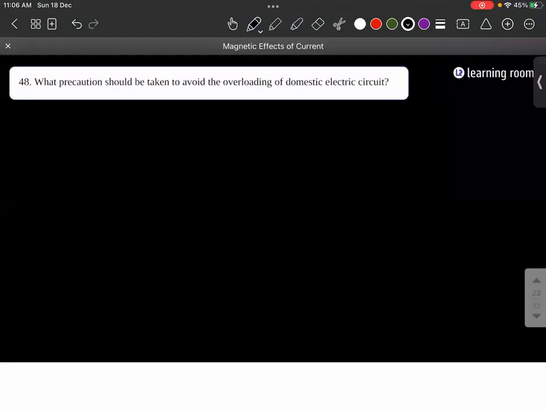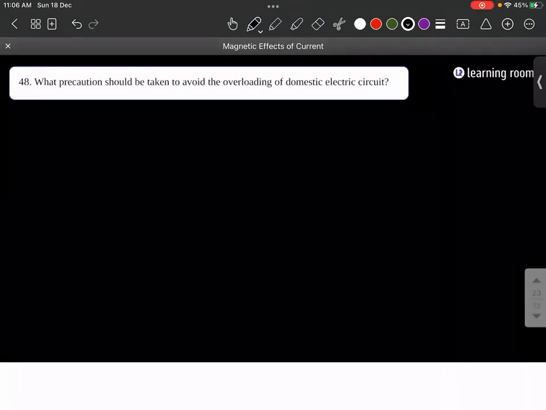So, what precautions should be taken to avoid overloading of a domestic electric circuit? We should have a fuse. Is that the only precaution you will take?